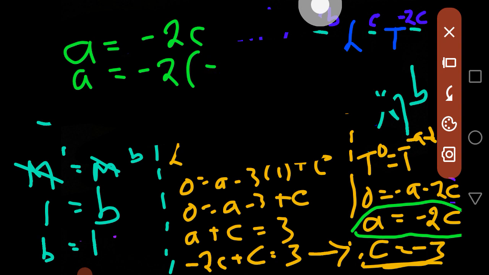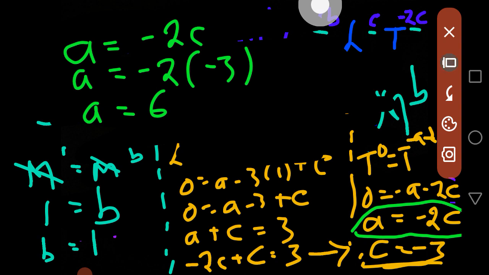My C is negative 3, so A is equal to positive 6. Yeah, that looks good. So I found my A, my B, and my C. I have found A to be 6, my B to be 1, and my C to be negative 3.